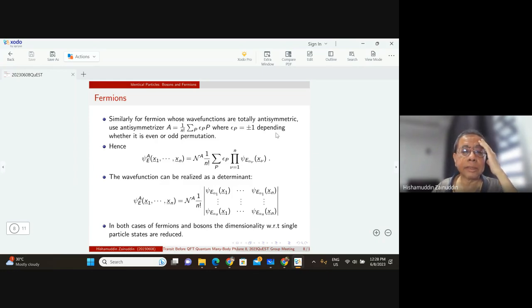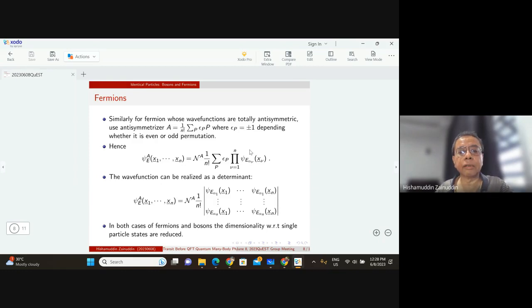Similarly, for the case of fermions, you require a totally antisymmetric wave function, and in this particular case you use an antisymmetrizer. The difference between the symmetrizer and antisymmetrizer is this factor epsilon p, which can be plus or minus 1, depending on whether the permutation is an odd permutation or an even permutation.